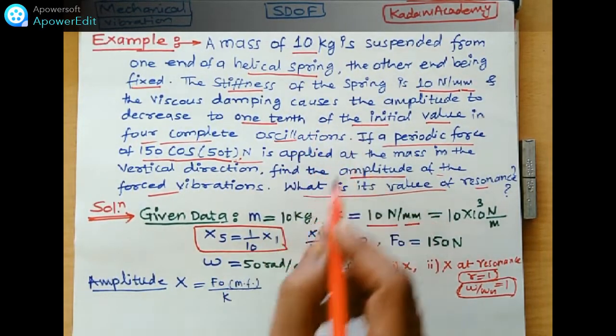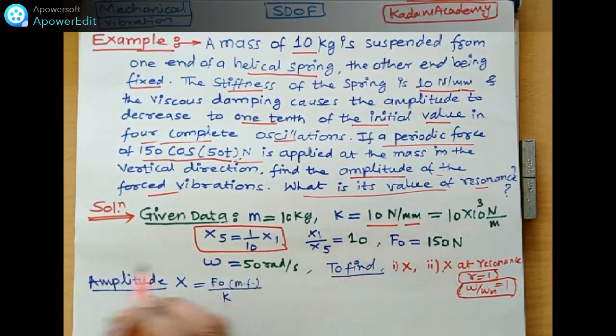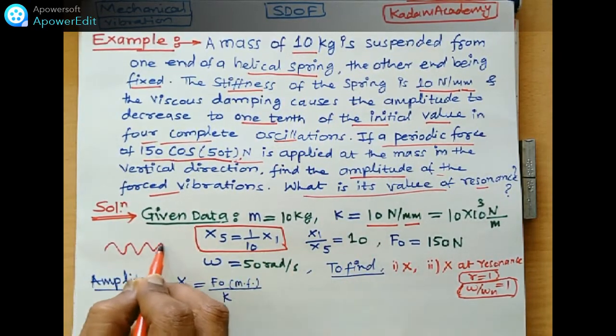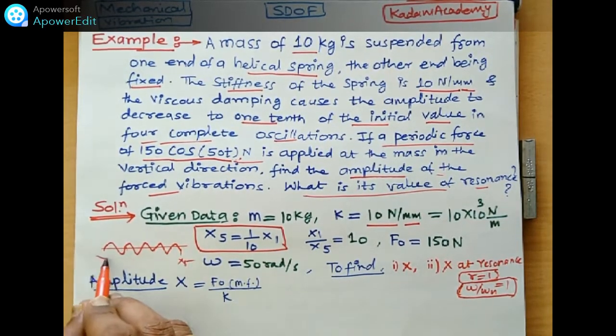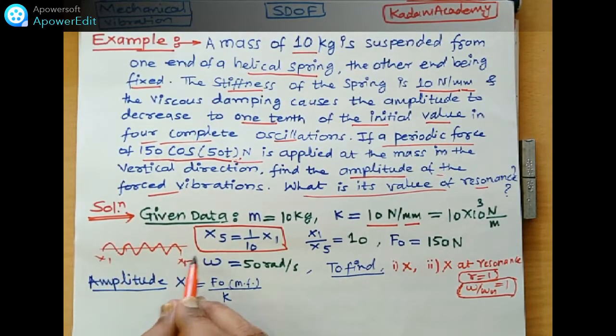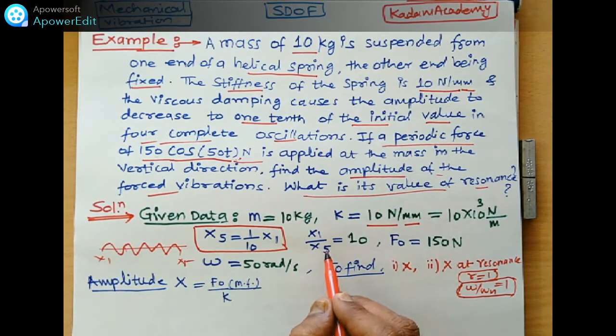What is the meaning of this? After the 5th oscillation we have x5, and here is x1. So x5 is equal to 1/10 of x1. So what is x1 upon x5?